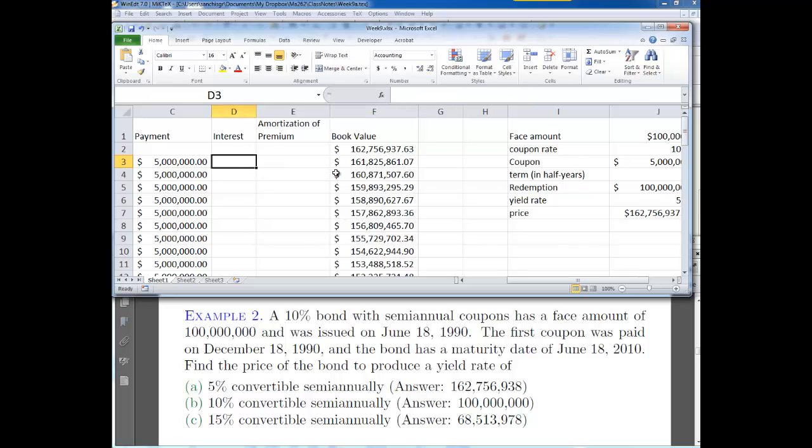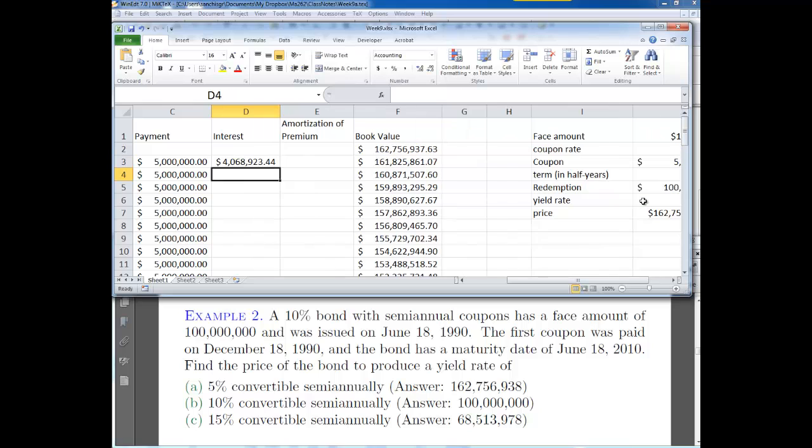And then just to complete the chart, the interest part would be the book value of the previous period times the yield rate over 2. And the principal part is going to be the absolute value of the payment minus the interest.